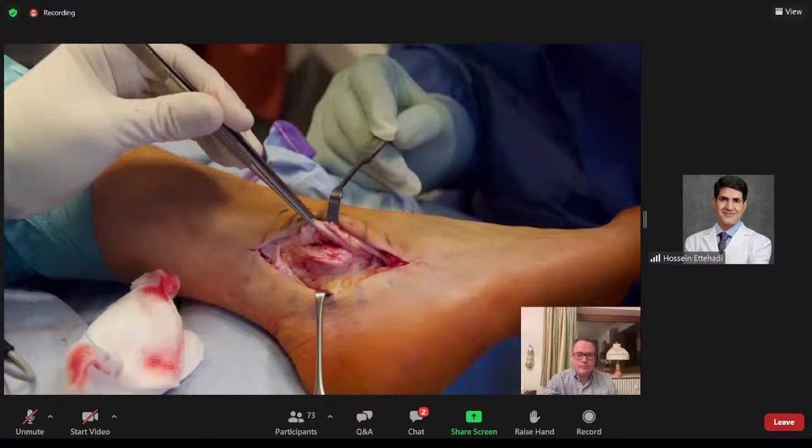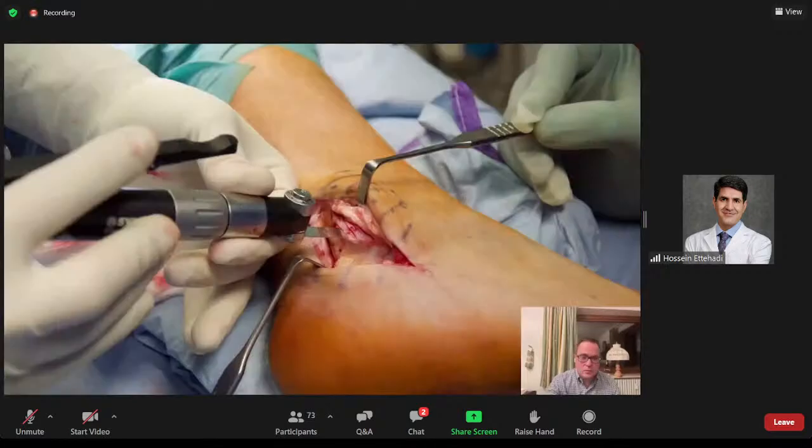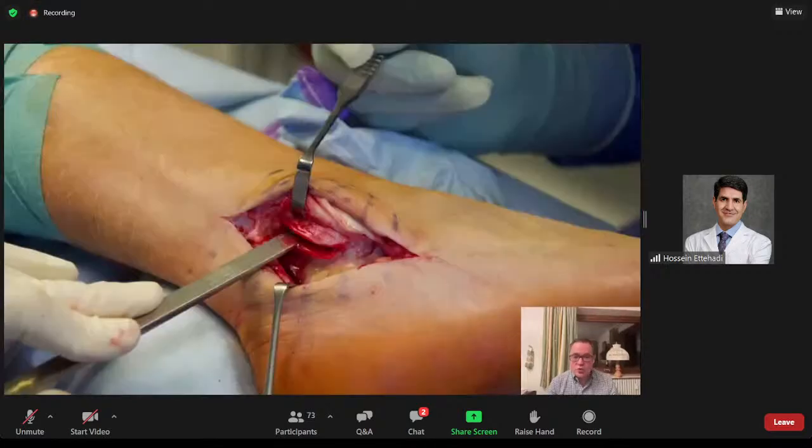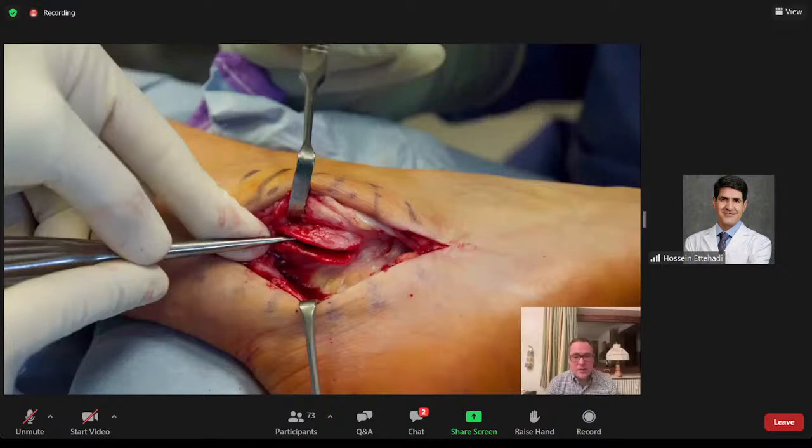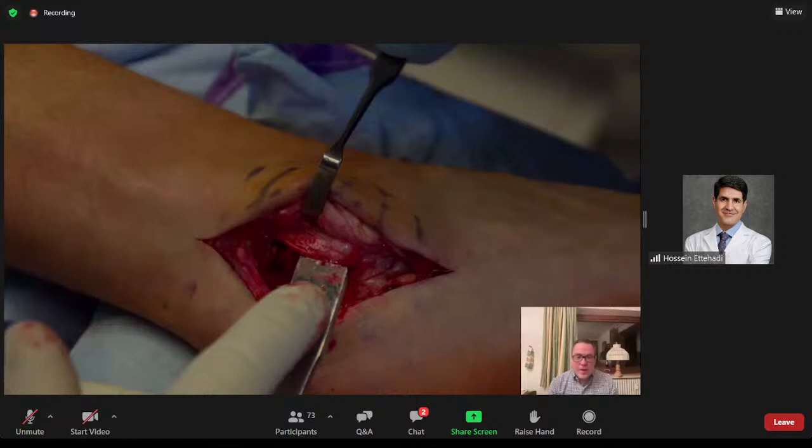I use the oscillating saw then to cut just behind the retromalleolar groove. The next move is with an osteotome to mobilize the groove itself. Then a tiny bit of cancellous bone can be taken out with a curette. Then I use a blunt instrument to knock down the groove itself.